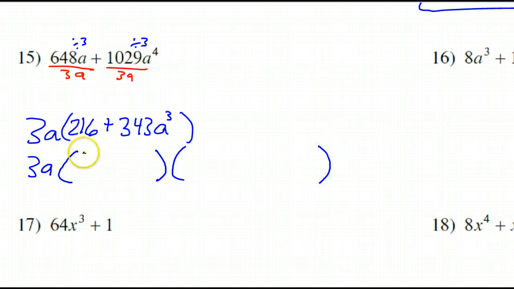Our binomial comes from the roots of all these. So 216, the root of that is 6. 343 comes from 7 to the third power. So the binomial is 6 plus 7a. If I square these, 6 squared is 36. 7a squared is 49a squared.